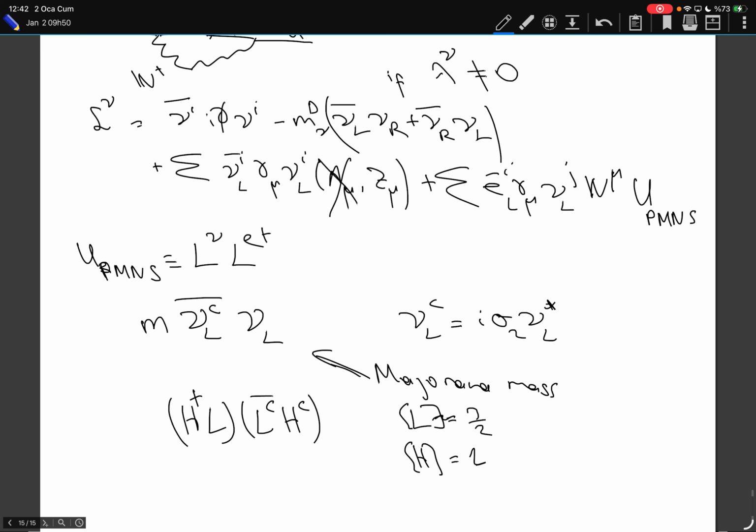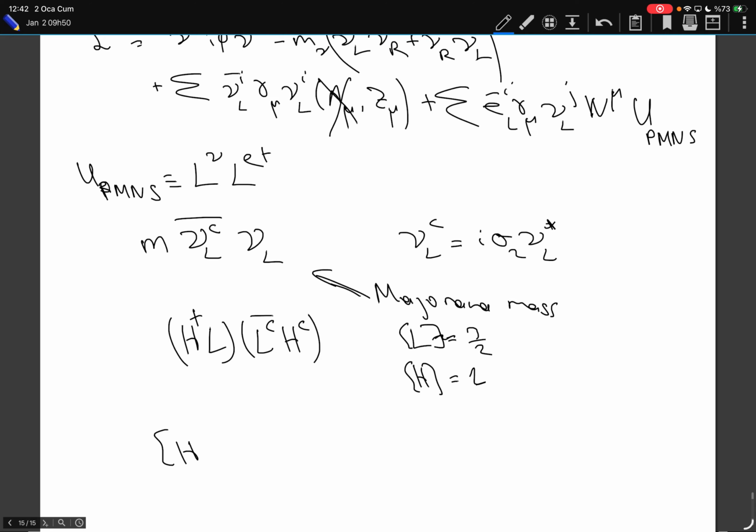So this whole term has a mass dimension 5. The Lagrangian should have a mass dimension 4. So I have to divide this by some scale, some massive scale. Well, such theories are not renormalizable. So if you try to make calculations, all the computation turns out to be infinite.